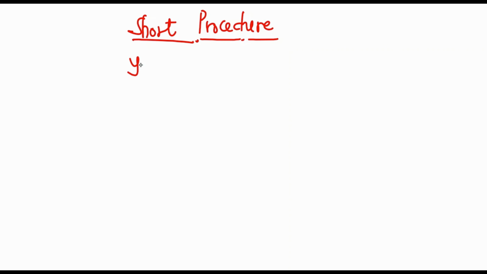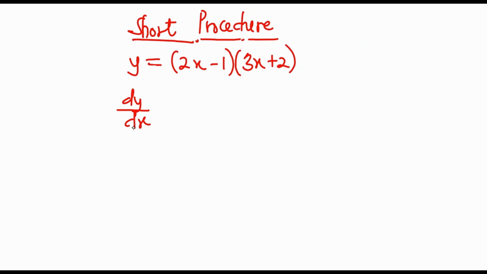In the question, we're given y is equal to 2x minus 1 multiplied by 3x plus 2. Now, since we want to find dy/dx of this function, then we can write it as dy/dx, that is, differentiating y with respect to x, is equal to, so the short procedure says that first maintain the first function, and the first function here is 2x minus 1, so we maintain it.